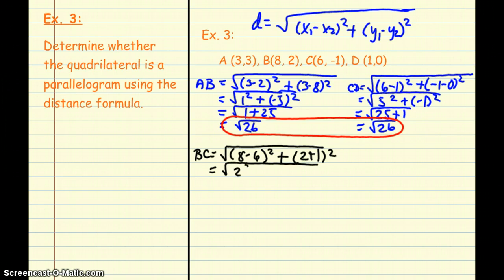So I've got 2 squared plus 3 squared, which is 4 plus 9, which is the square root of 13. So that's the first one. Side BC is the square root of 13.